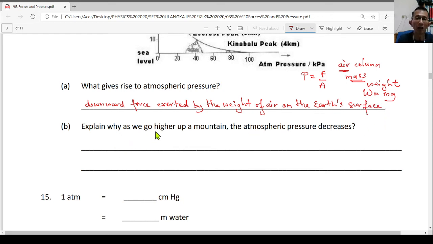So this gives rise to atmospheric pressure. And why is it that if we go higher up a mountain, the atmospheric pressure decreases? Well, simple. As we go up, the air becomes thinner. If the air is thinner, the mass would be lower, correct? If the mass is lower, the weight of air should become lower as well.